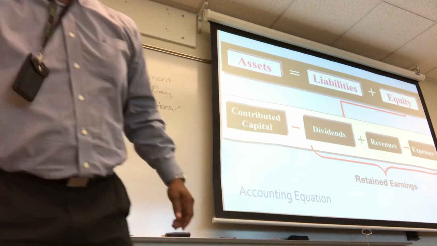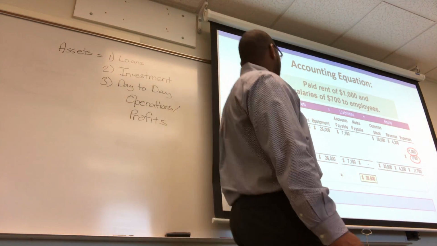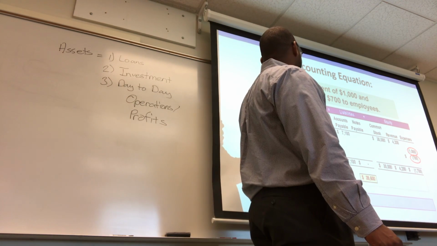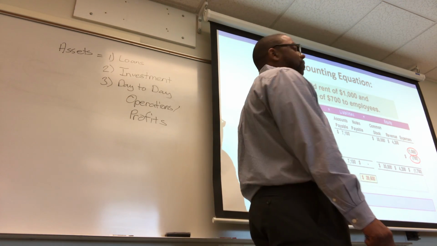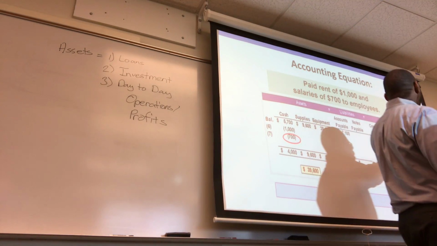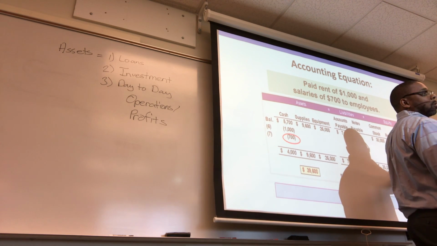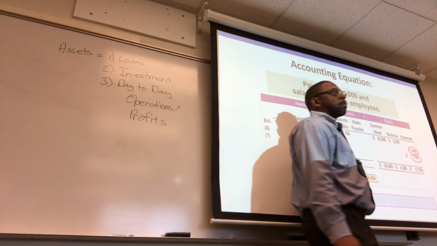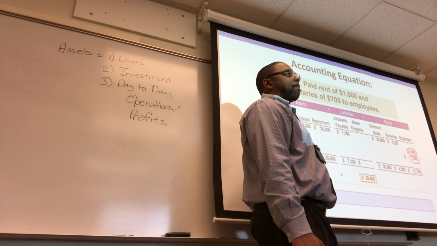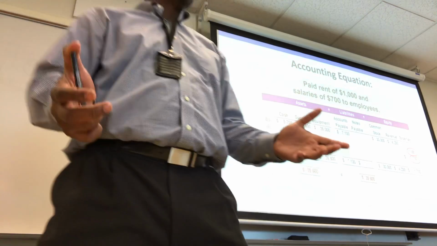So in that equation, we're going to have negative $1,000 and negative $700, a total of negative $1,700 in cash. On the expense side, it increased the expenses, but because it's a negative, we'll write them up as negatives. Does that make sense? If it doesn't, let me know.